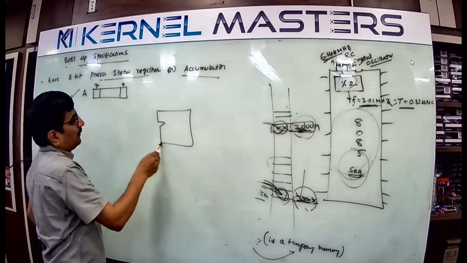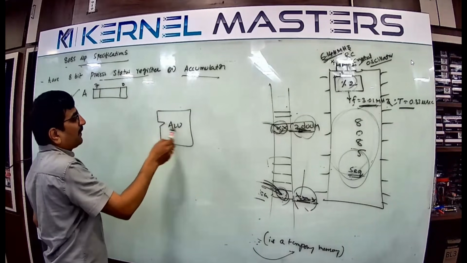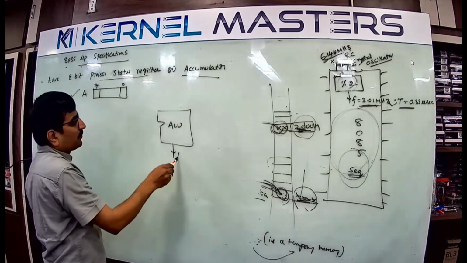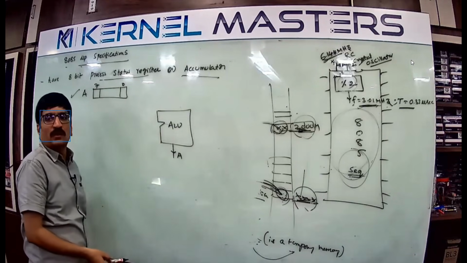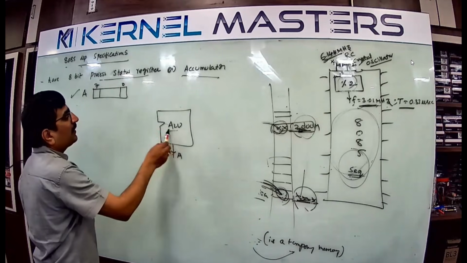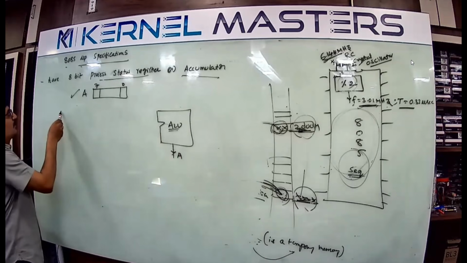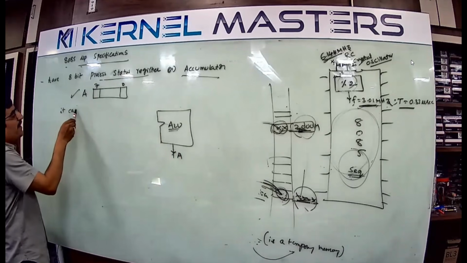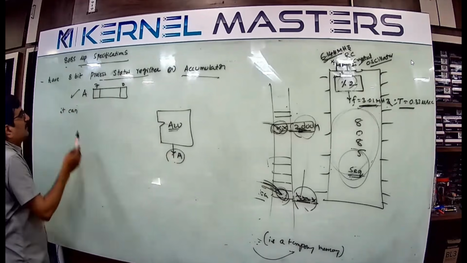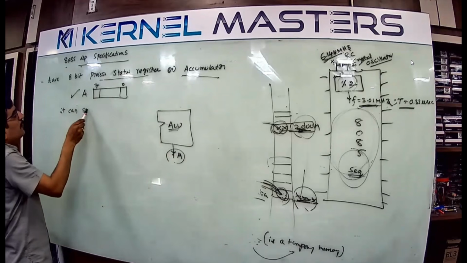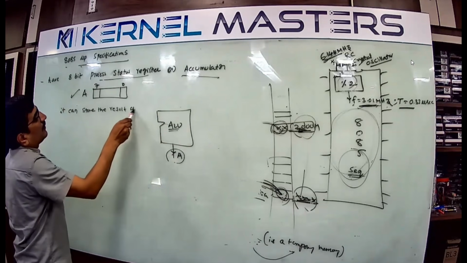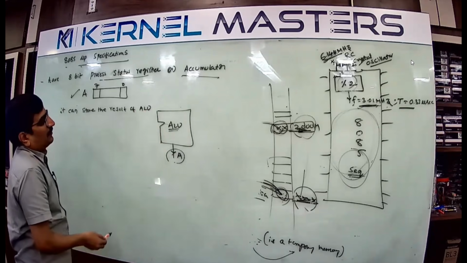Whenever the ALU performs an arithmetic or logical operation, where can you store the result? Accumulator. The accumulator stores the result of the ALU, the arithmetic logical operation.